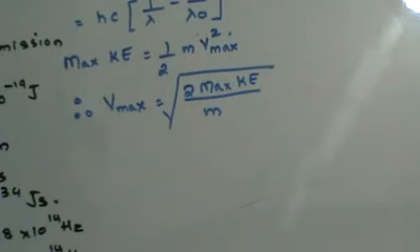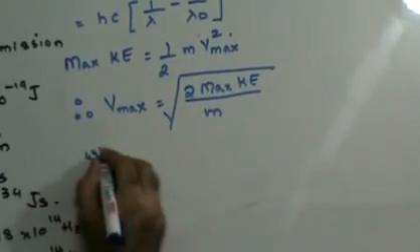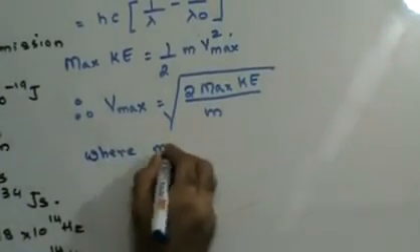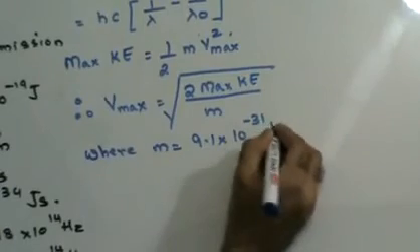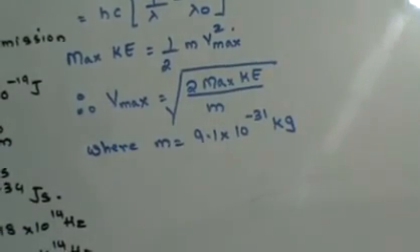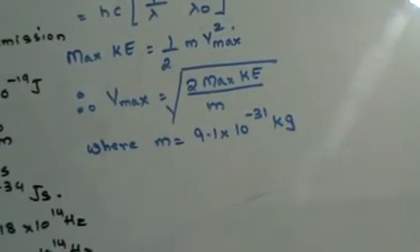So in this case you also have to consider the mass of the electron as constant, which is nothing but 9.1 into 10 raised to minus 31 kgs. So you have max KE, you should be able to get the maximum velocity.